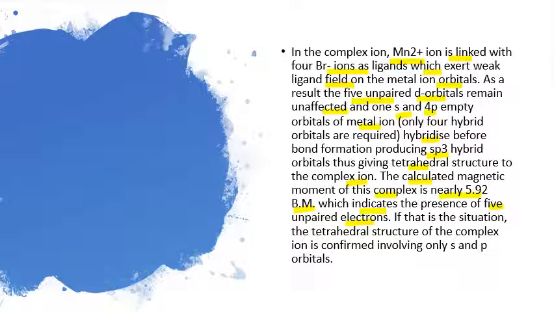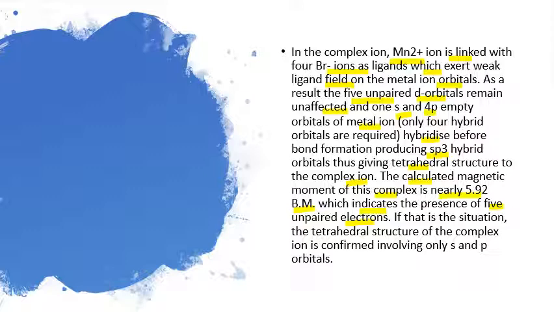Experimentally, the magnetic moment which is found clearly represents that in this complex there are 5 unpaired electrons. That's why its magnetic moment is 5.92 Bohr magneton. Which type of magnetic behavior is shown by this complex?